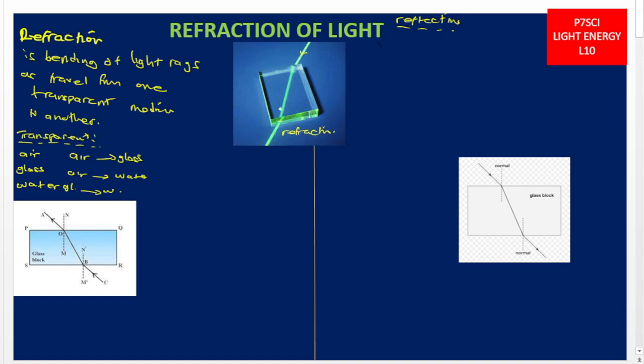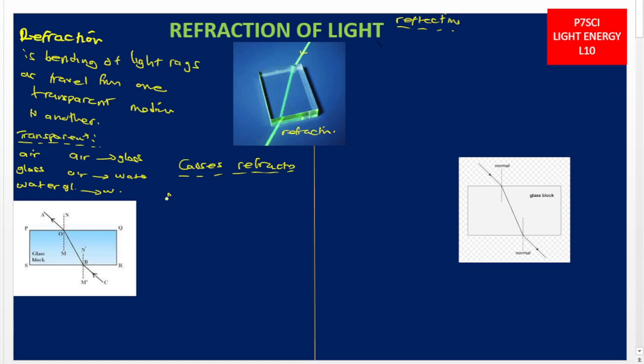What causes refraction of light? What makes light bend? The cause of refraction is the change of speed.